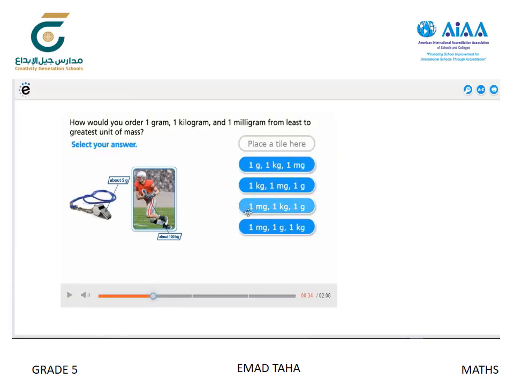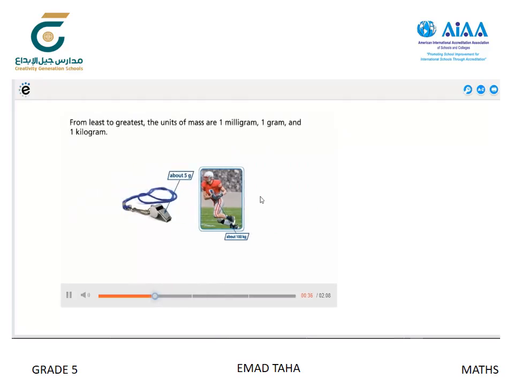Yes, the choice between number 3 and 4. The greatest one is kilogram, and the moderate one is 1 gram. So, the fourth answer is the true one. From least to greatest, the units of mass are 1 milligram, 1 gram, and 1 kilogram.